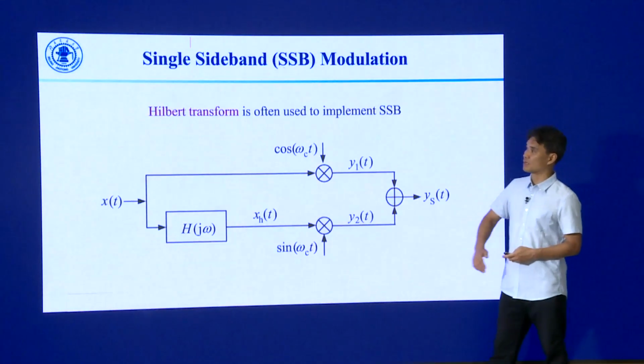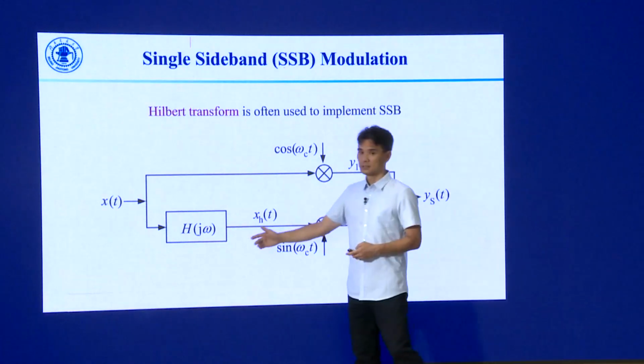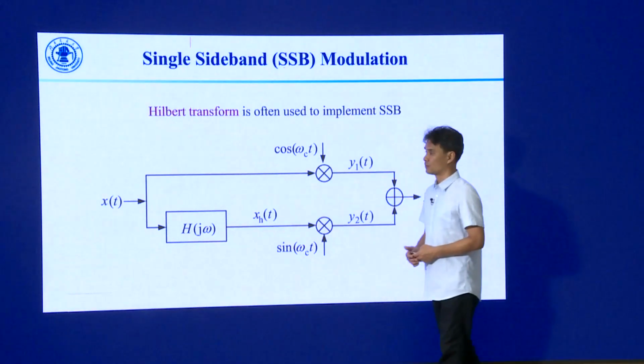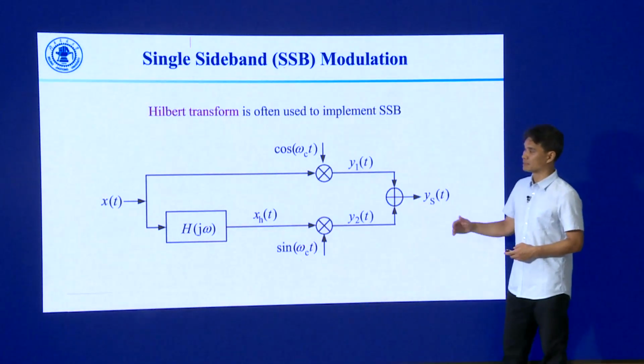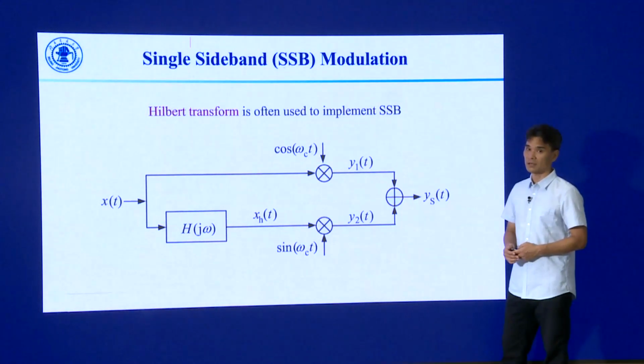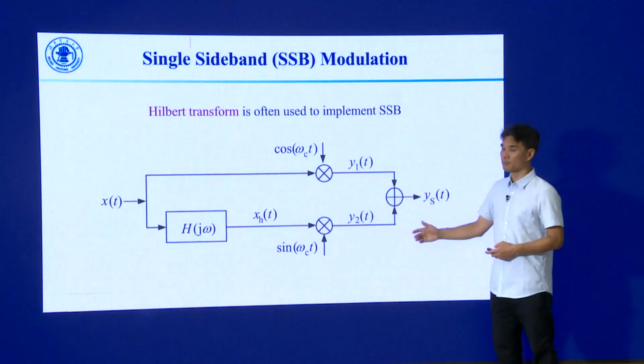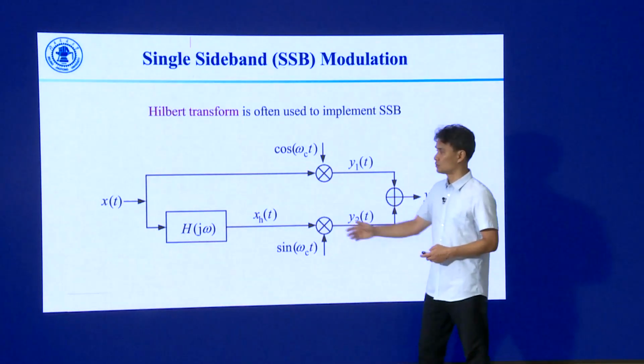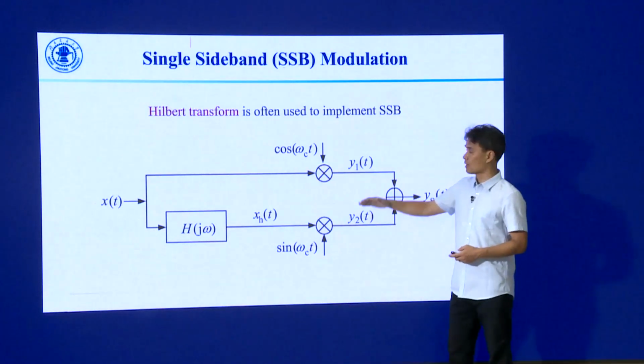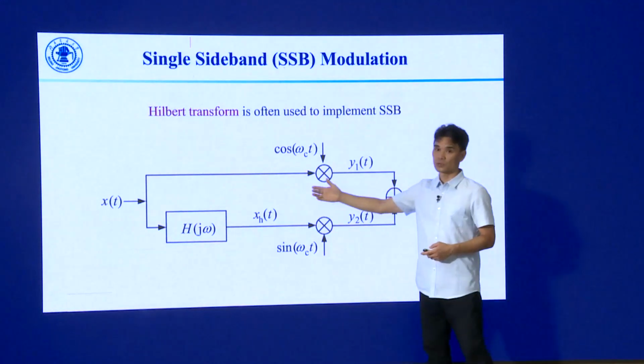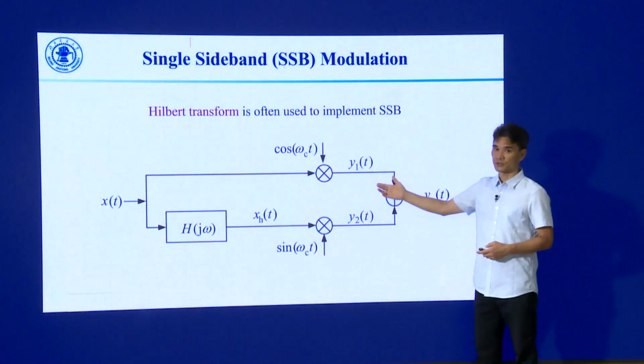We have to use something called the Hilbert transform to help us implement single sideband modulation in reality. It is more complicated. It has two branches. In the upper branch, we use the regular modulation method.